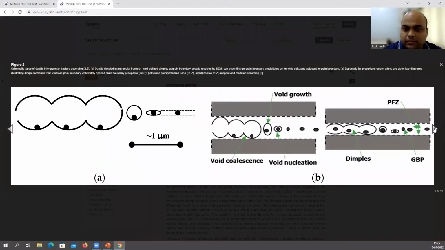If you see here, some more stuff is here, right? You can see these are inclusions. Then you see void nucleation is taking place at this particular inclusion. Then you have void growth, and then finally voids coalesce. This schematic shows very nicely the three parts: nucleation, growth, and coalescence all together.